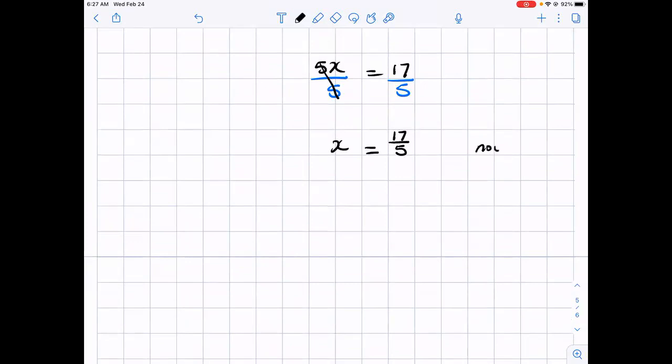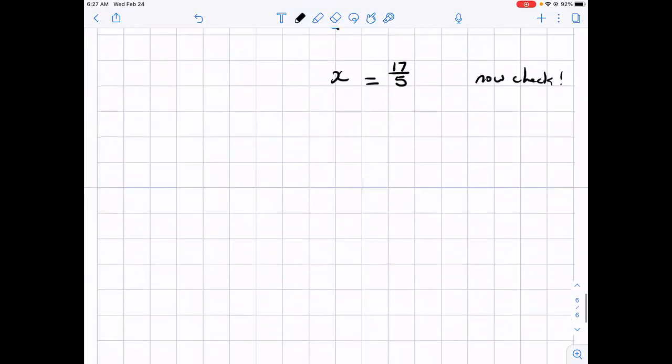So now, check. Now we want to check this. So let's check, is x equal to 17 over 5 a solution? That's what we want to check. So we go back to the original equation.